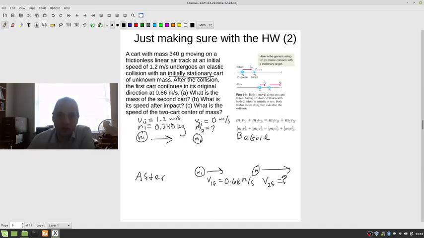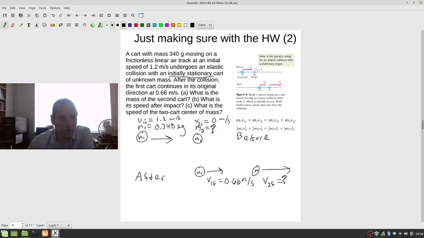Now, for some, we might at first say, oh no, because if I just have momentum conservation, they're all just moving along a single direction. I don't know the mass, and I don't know the final speed of the second ball or the second cart.